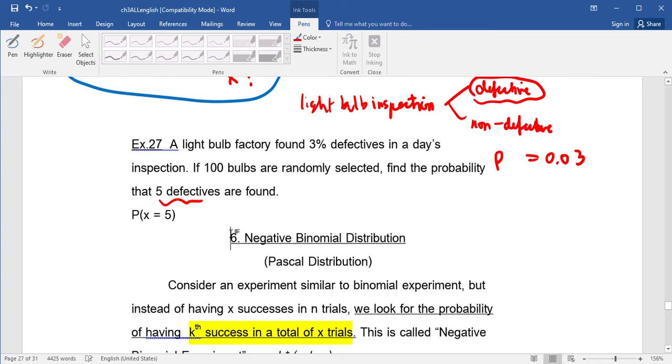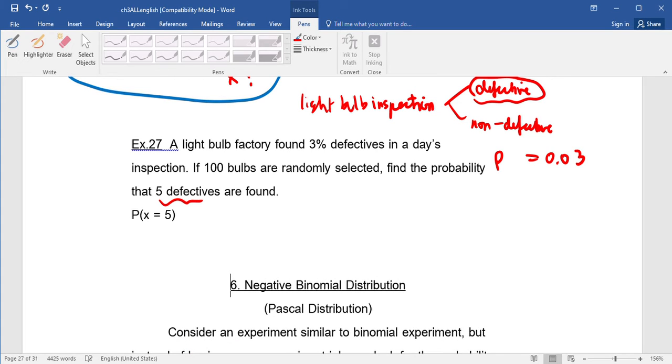We should use the hypergeometric distribution, because it is sampling without replacement. Assuming that this is a sampling without replacement, we can use hypergeometric distribution.